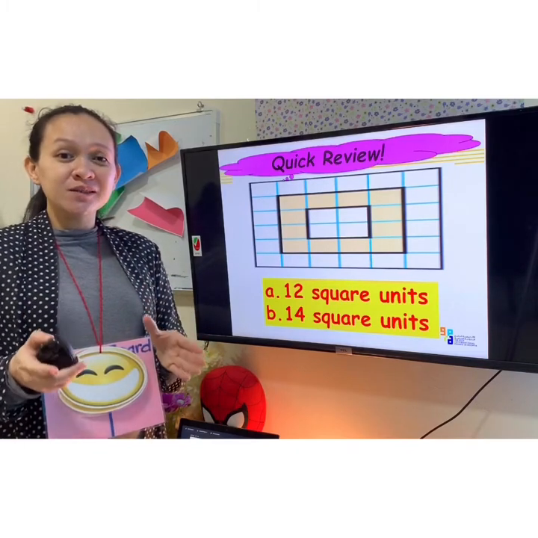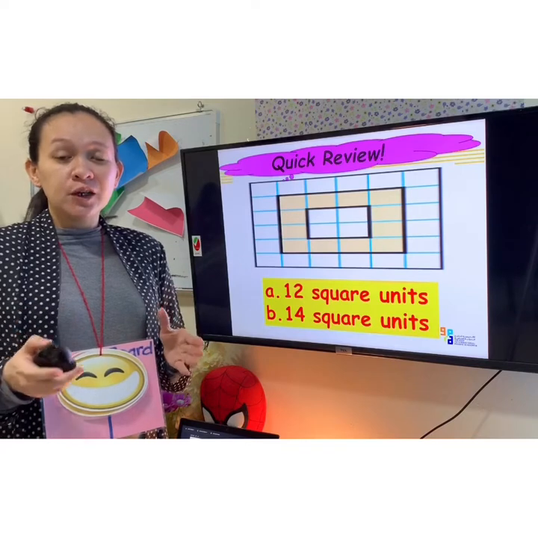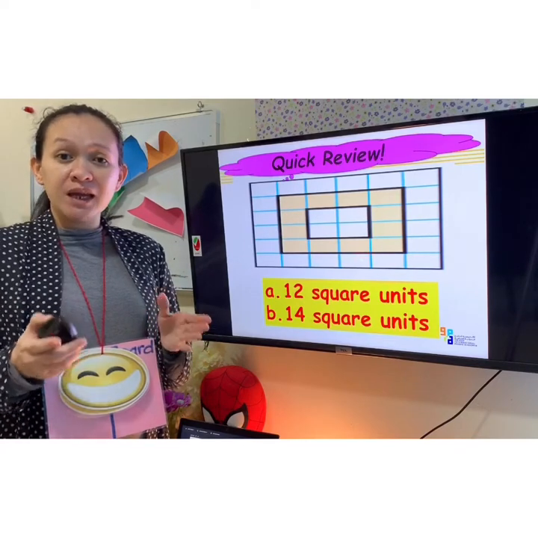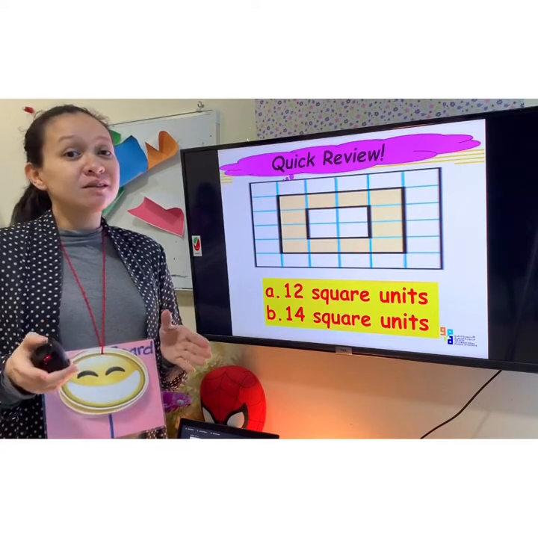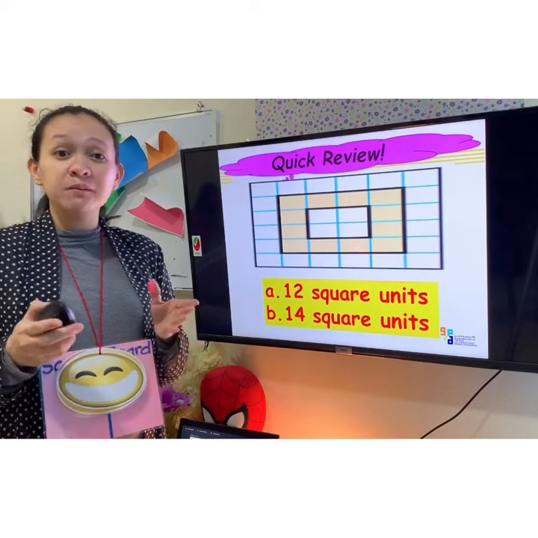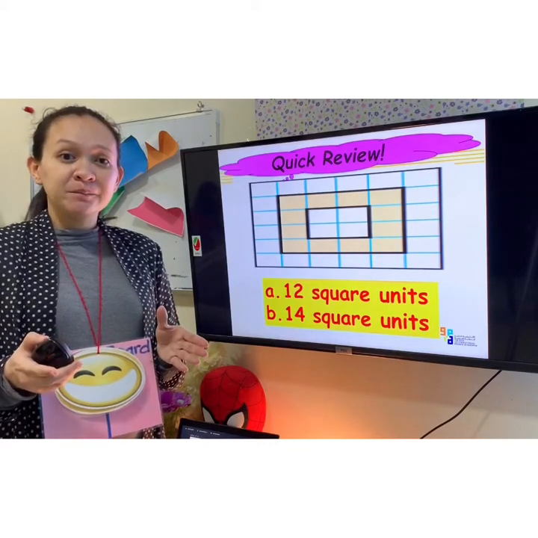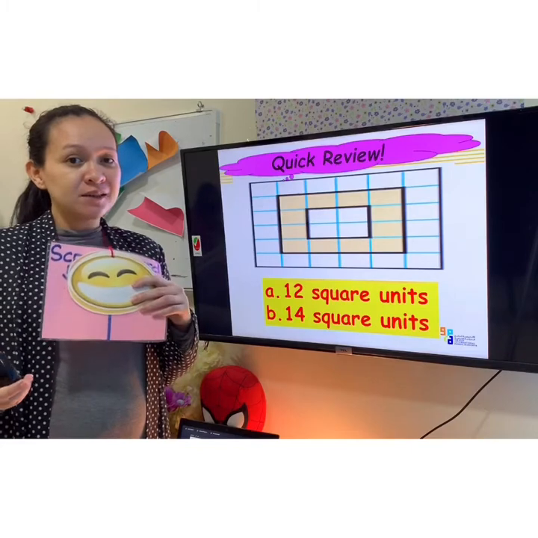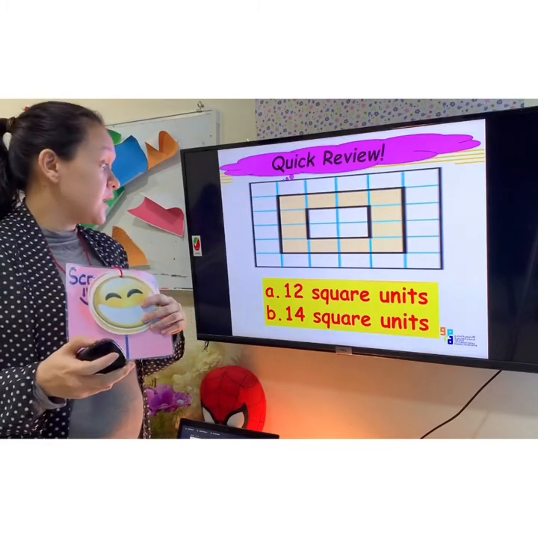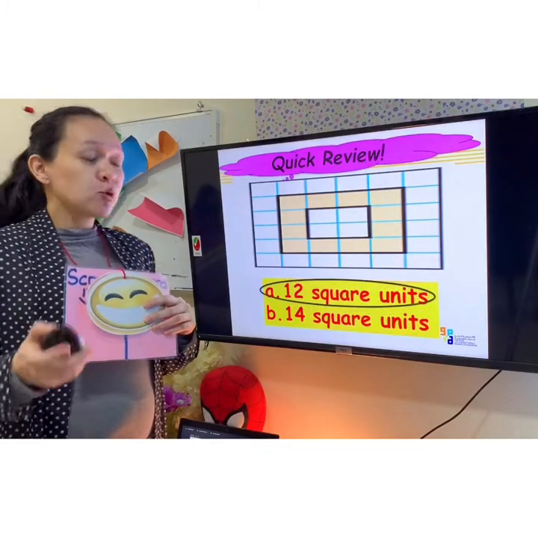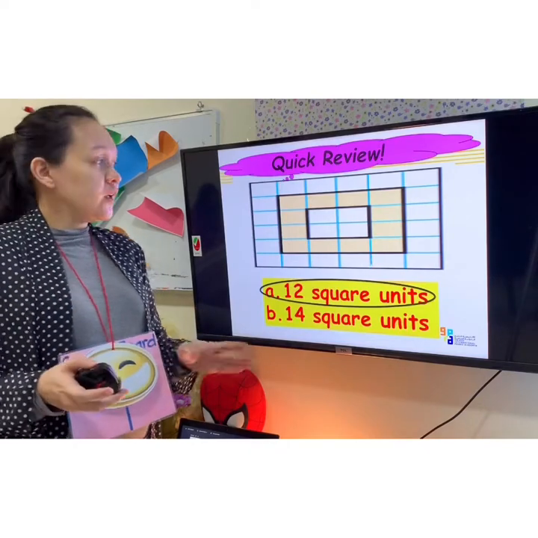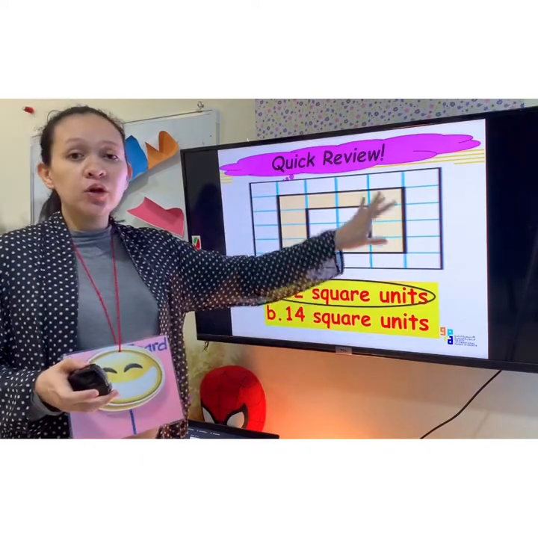Now you're going to assess your answer. If you think that your answer is correct, then make a happy face there. If you think that your answer is wrong, then you can make a sad face. Again, I will give you a happy face because I think you got it correctly. Now, the answer there is 12 square units. You're going to count the whole squares.